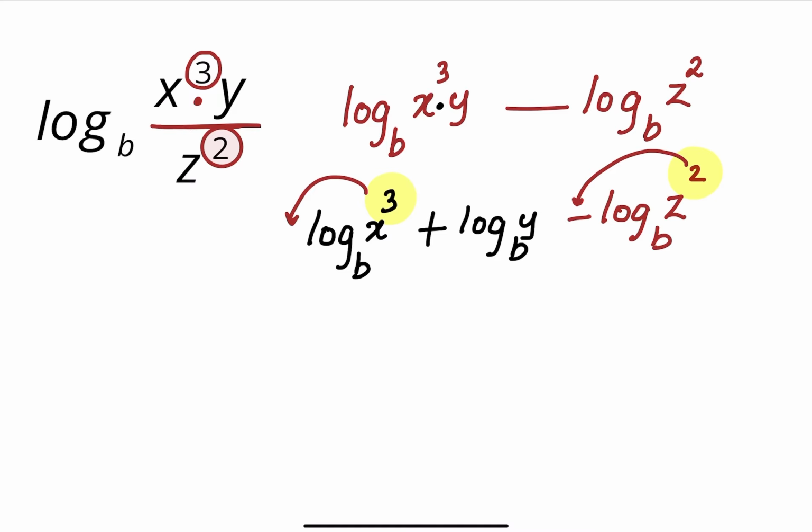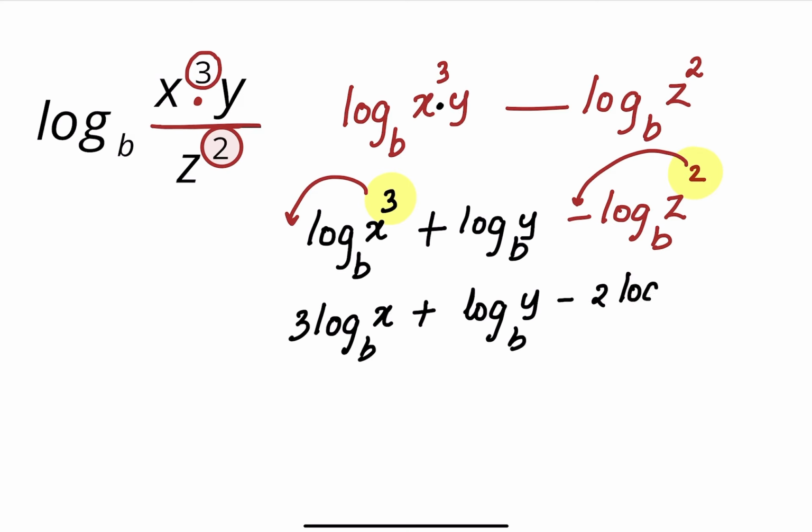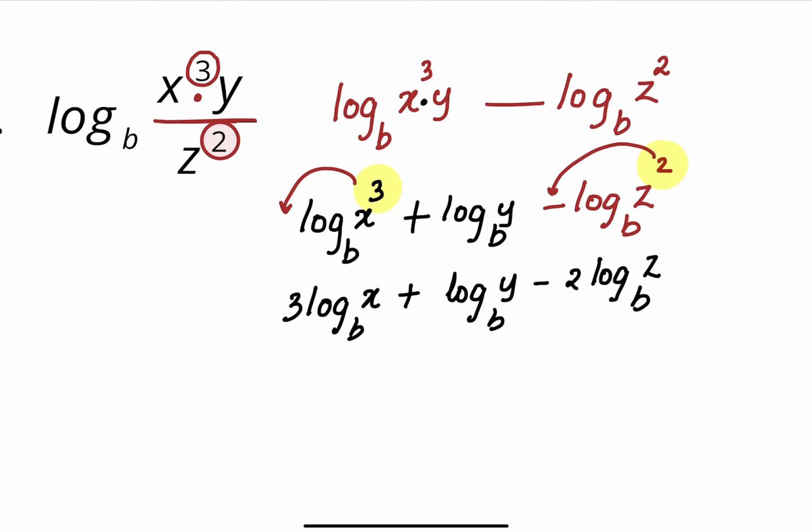So now this is going to be 3 log x base b plus log y base b minus 2 log z base b. So you should always tackle your powers all the way in the end. And if you look closely, first step is to identify your operations and then use the required functions.